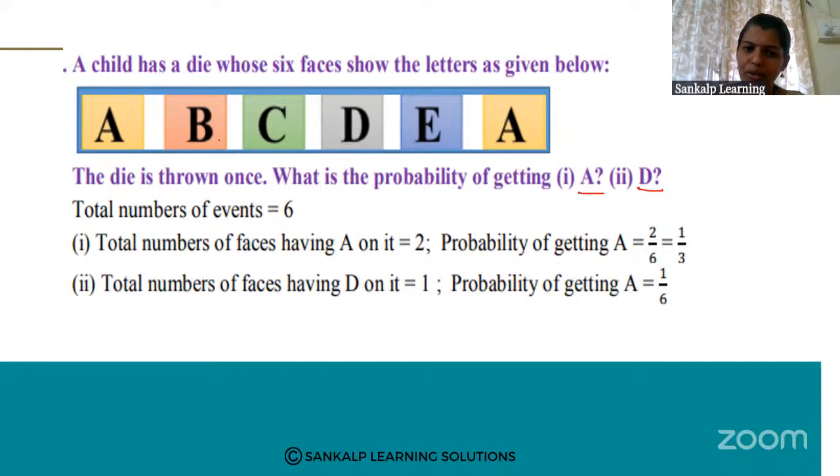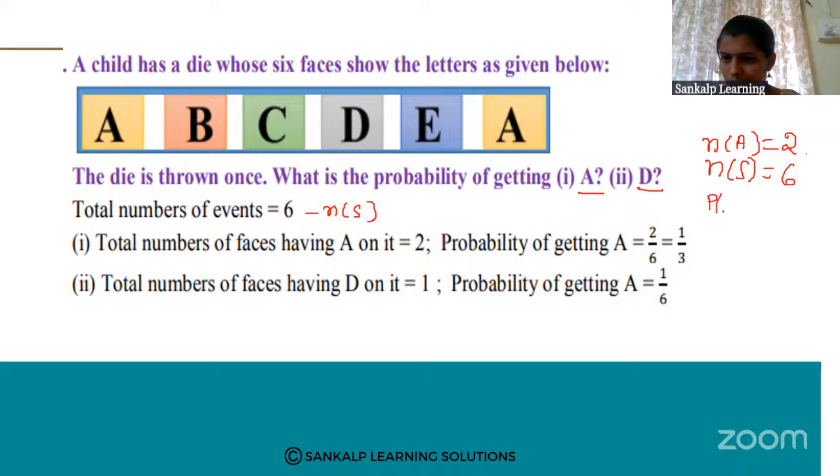See, total number of events. How many events can happen? 6 faces are there. That means the total number of events is 6. This I will call n of S. Total number of faces having A on it. How many faces does it have? A, 1, 2. 2 faces. So the probability of getting A: n of A is equal to 2, and the total number of outcomes n of S is equal to 6.